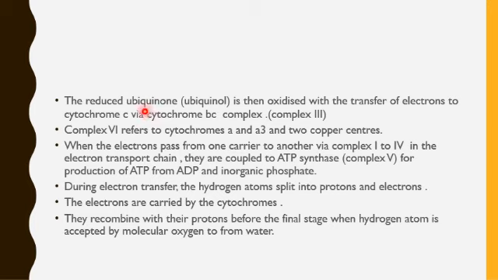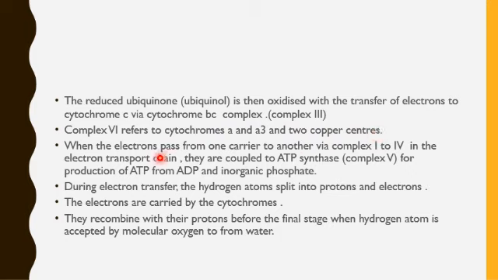The reduced ubiquinone, that is ubiquinol, is then oxidized with the transfer of electrons to cytochrome C via the cytochrome BC1 complex, that is complex 3. Complex 4 refers to cytochrome A and A3 and 2 copper ions.